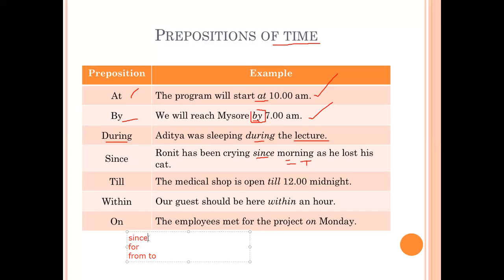From since you get the meaning of the beginning of an action, the start of an action. Then for gives you the period, how long that action was going on. And from to gives start and end.